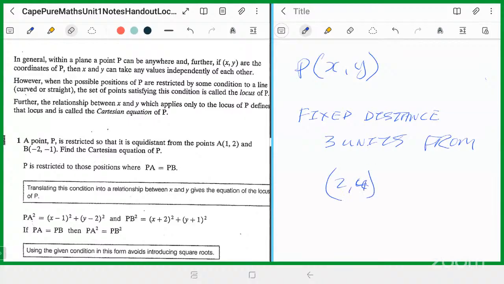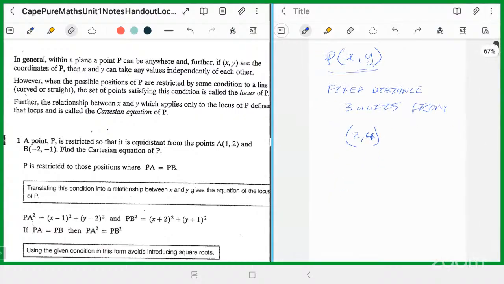You want a point that is moving such that everywhere it is, it's 3 units from this point. It means the locus of this point has to be on a circle where this is the center.